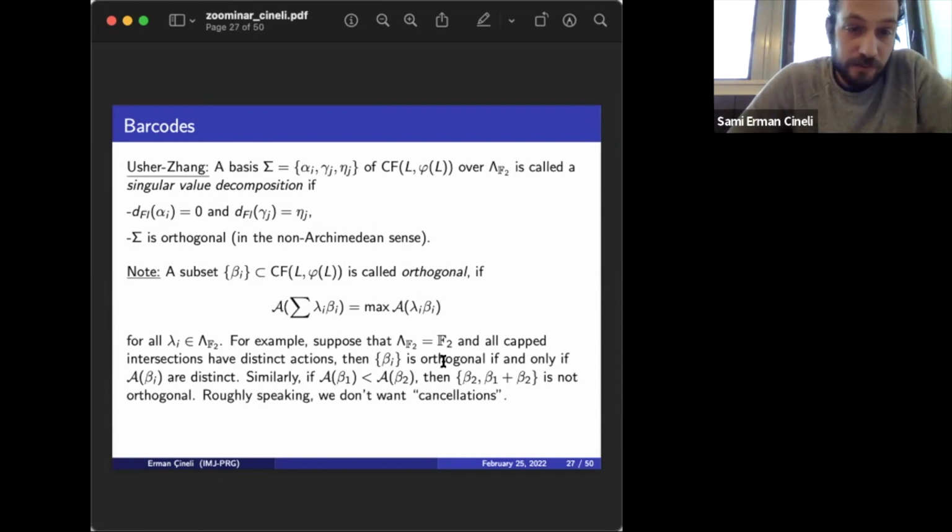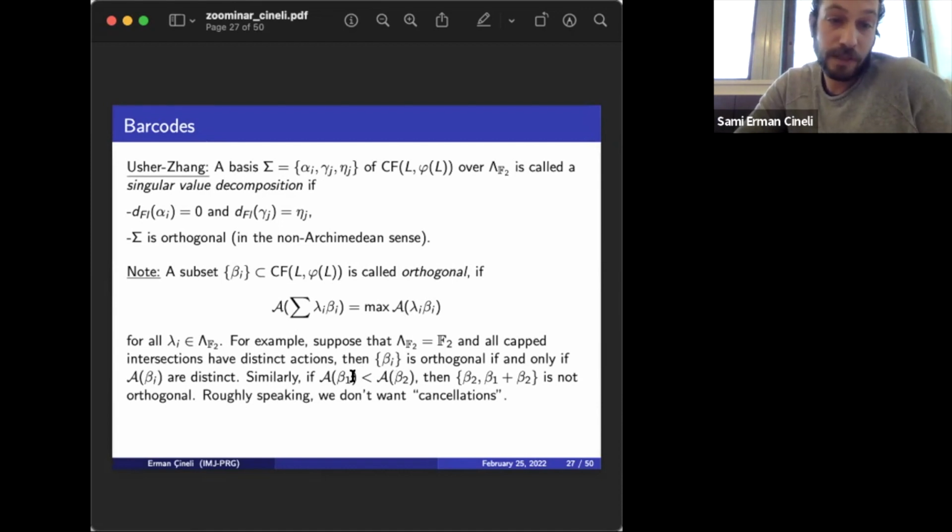For instance, we are not working in this setting, but let's assume that the Novikov field is the trivial one, and let's say that all capped intersections have distinct actions. Then the beta i are orthogonal if and only if their actions are distinct.